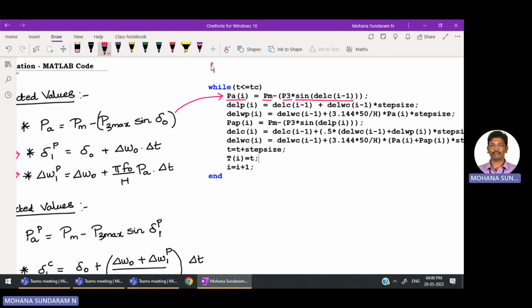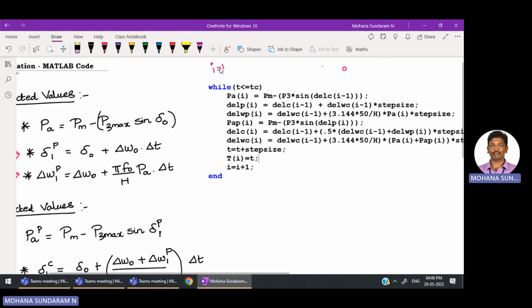If I take I is equal to 1, then this becomes 1 and this becomes 0. So this equation becomes PA of 1 is equal to PM minus P3 sine delta naught. Okay. Now I'll wrap this.